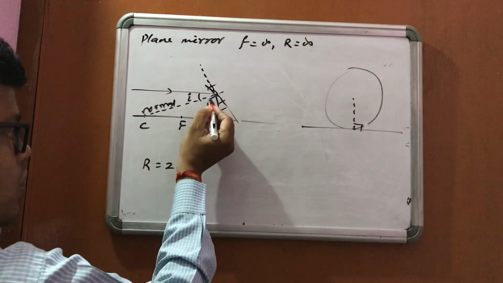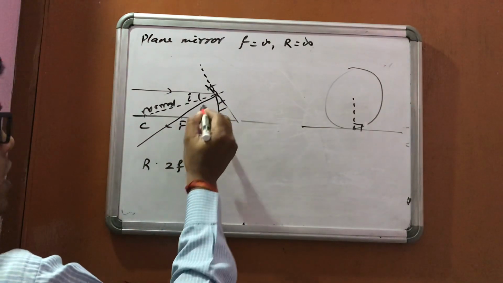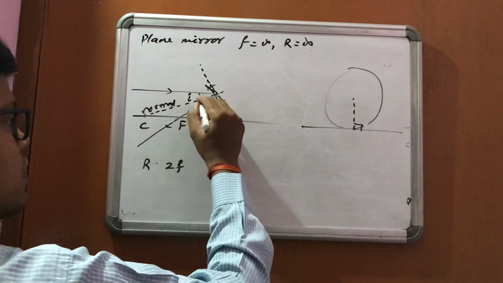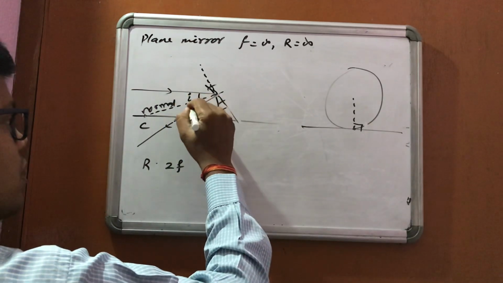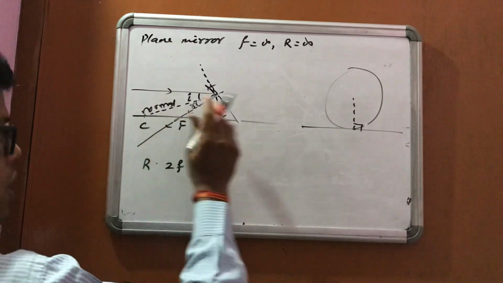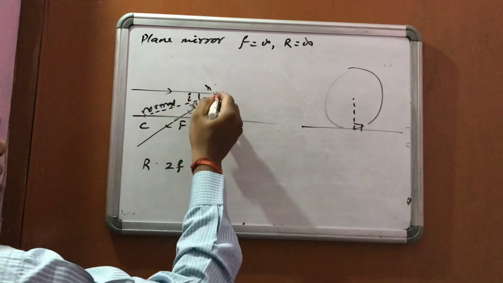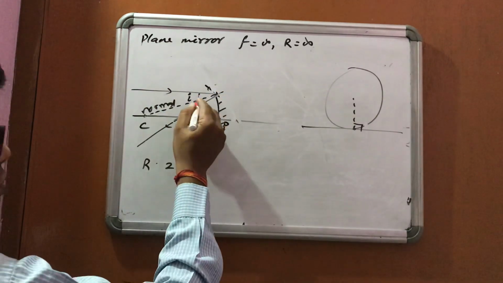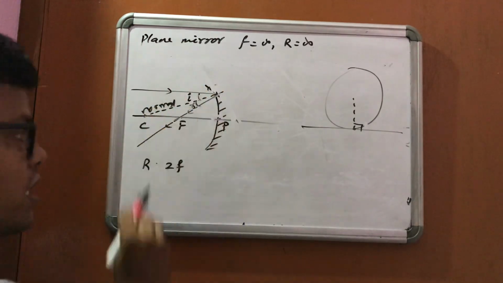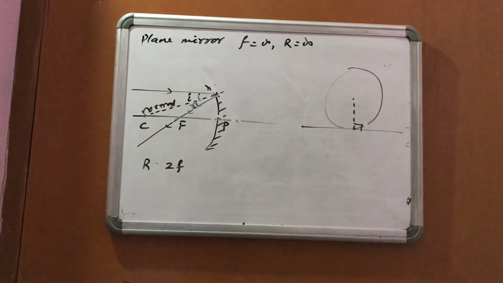So the light ray will reflect back in such a way that the angle of incidence and angle of reflection are equal. So this is the normal. This is the reflected ray. This is the incident ray. To follow this, in case of a concave mirror, the light rays meet at the focus.